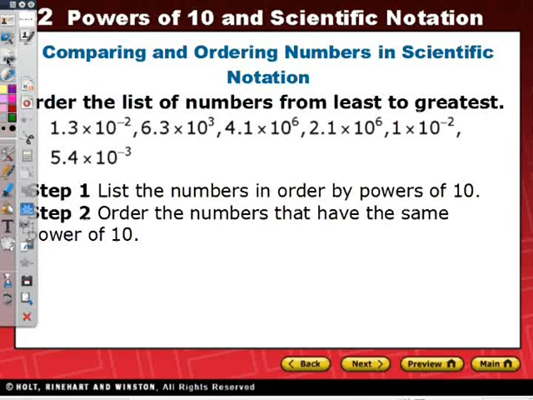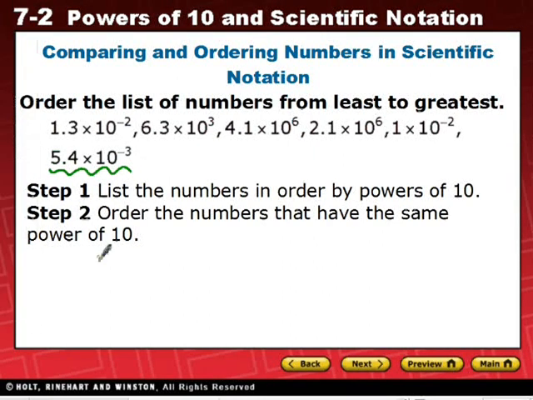We're looking for the smallest number first, and so the smallest number is the biggest negative number. So in this list, the biggest negative number is 5.4 times 10 to the negative third. That's the tiniest number. The next smallest numbers both have powers of -2.